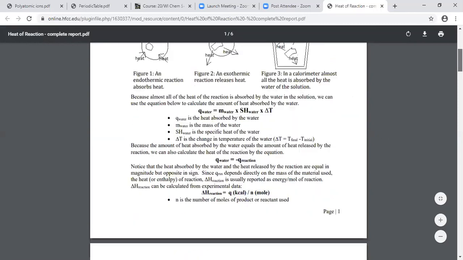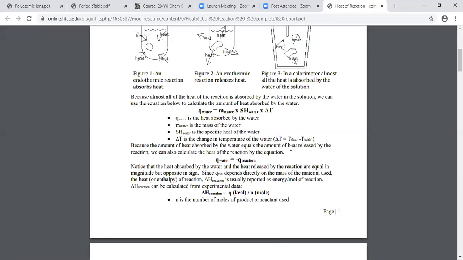So you're going to see some equations here. What these equations are: Q water is the heat that's absorbed by the water. The m water is the mass, so that is in grams, okay? SH is the specific heat of the water, times ΔT, the change in temperature.